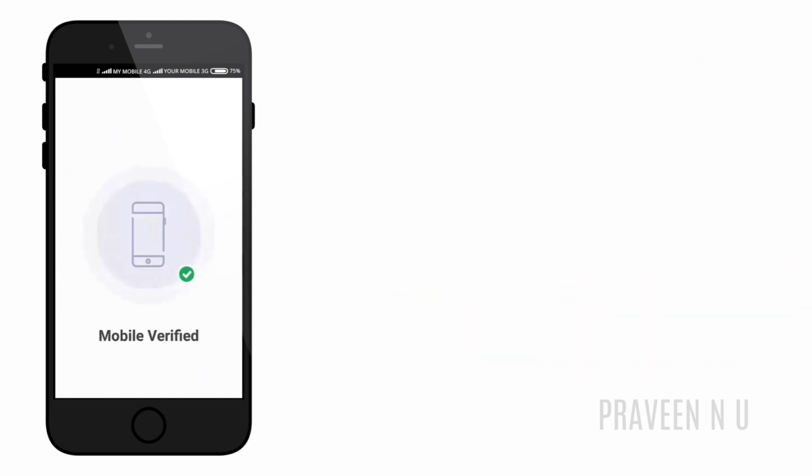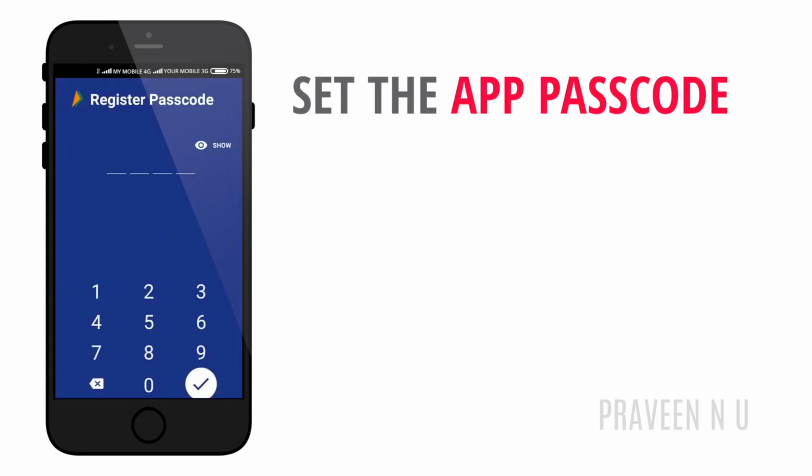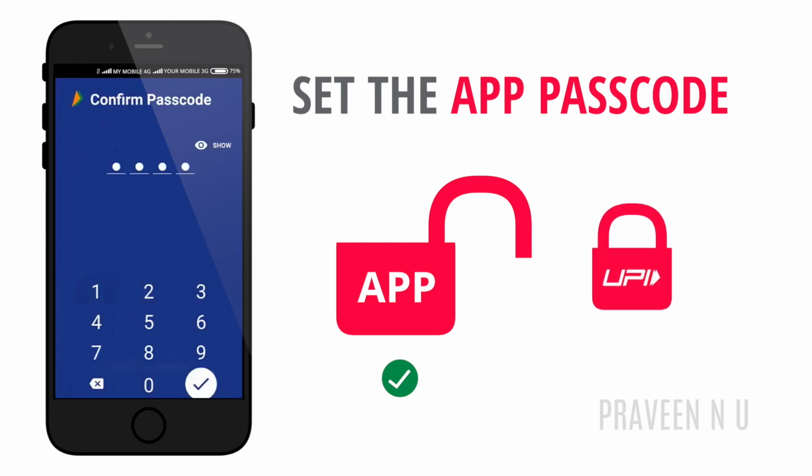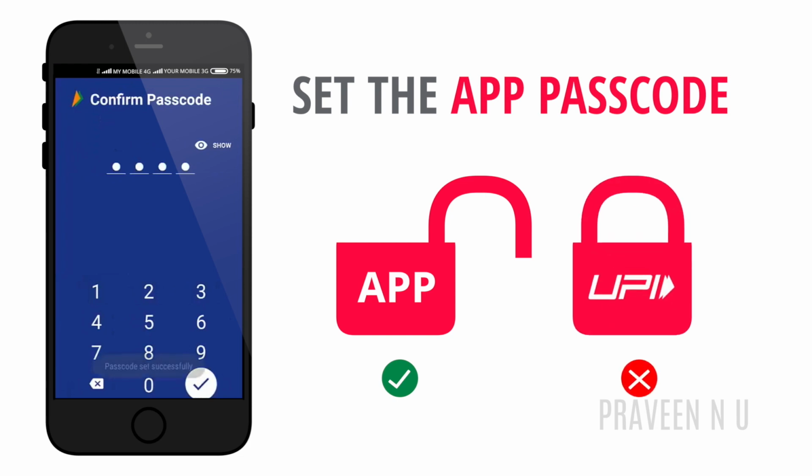Once the verification is done, the app will ask to set the passcode. This is for opening the app. Remember that this is not the UPI PIN number which we enter for transactions. So it's always good that the passcode is different from our UPI PIN.